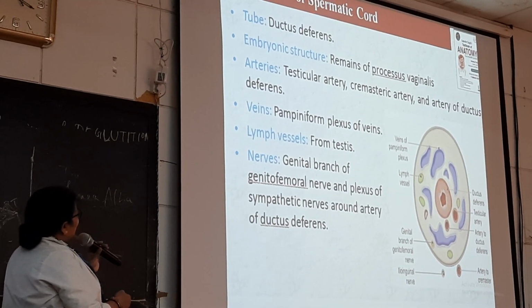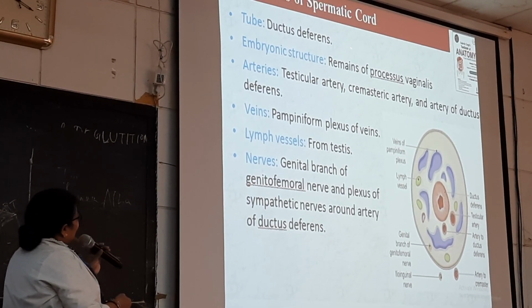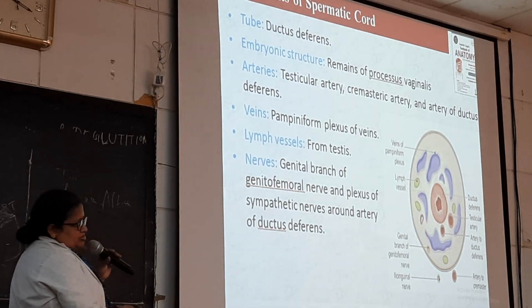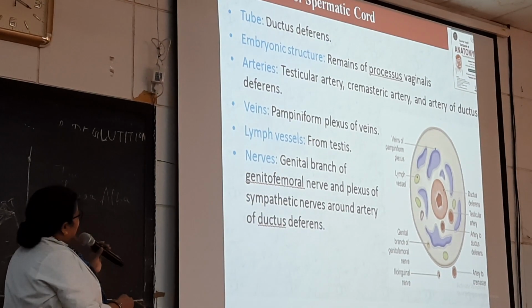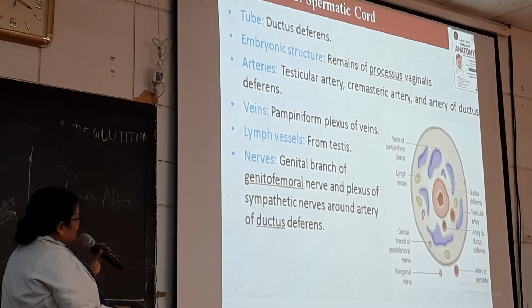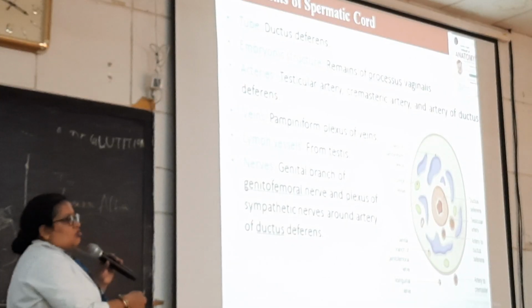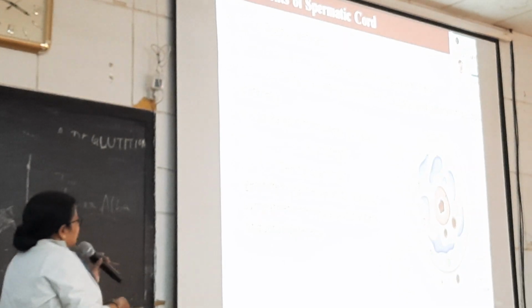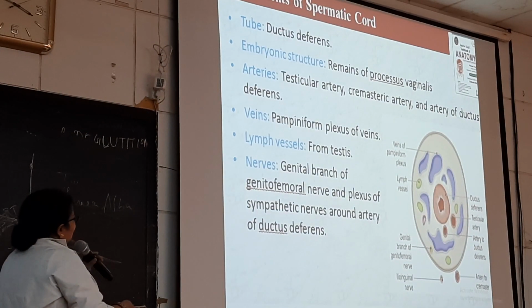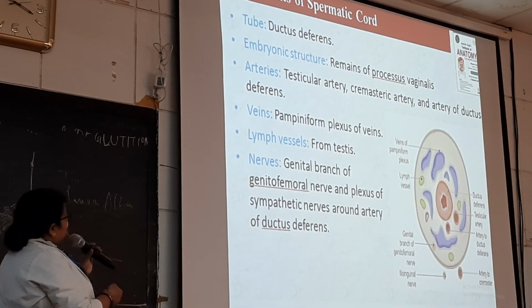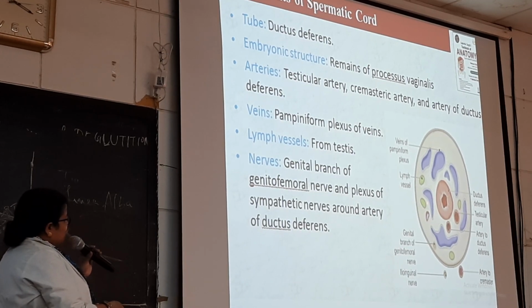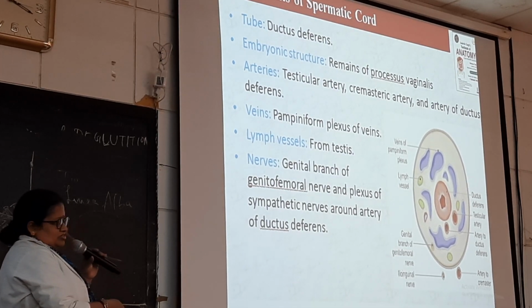So now you see what the constituents of the spermatic cord are. The spermatic cord passes through the inguinal canal. So what does it contain? It contains the vas, that is the ductus deferens. In the middle you see the vas deferens.